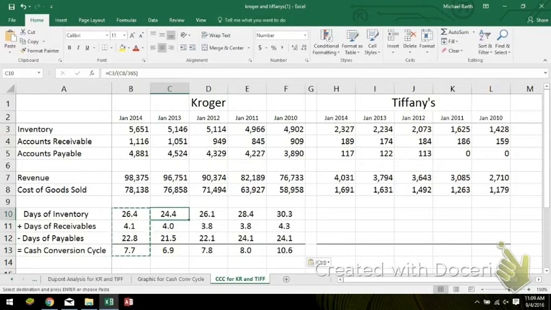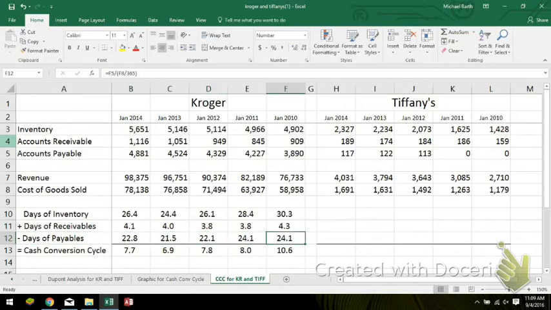We look at how this has changed over time. The days of inventory, they've been improving the efficiency that they turn over inventory. The days of receivables have stayed roughly the same. The days of payables has actually gone down a little bit.